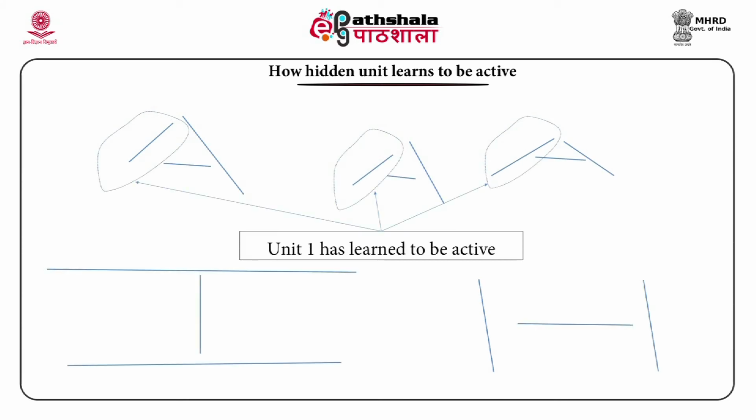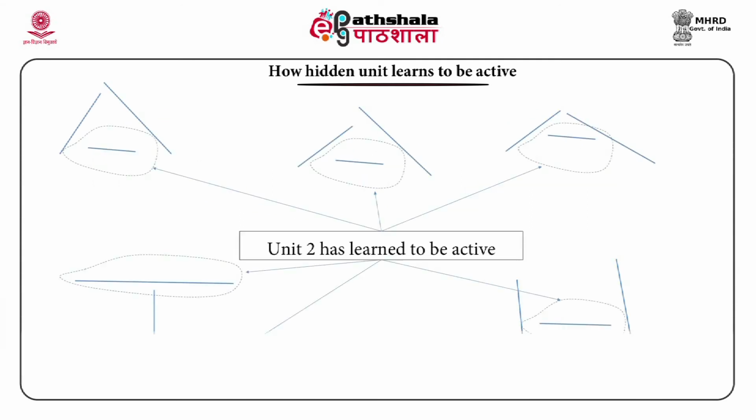For example, I have 3 inputs A, I and H, and I am showing 3 different images of A, but 2 images each of I and H. Okay. So, there is a unit 1 which learns to be active when one slanting line going up from left to right is present in the image. One more hidden unit learns to become active when the line is going down from right to left.